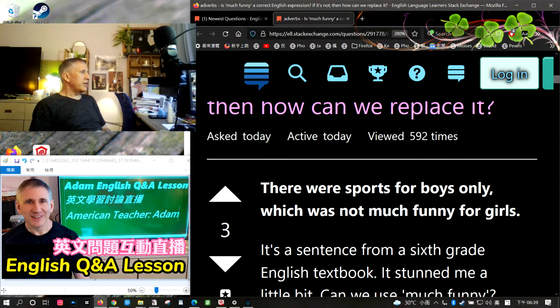What I've found on a lot of tests that are made in Taiwan, like what's the one that they take in high school? There's a test that high school students take in Taiwan that is written in Taiwan, and for some questions there's actually more than one correct answer, but they want the most common one.